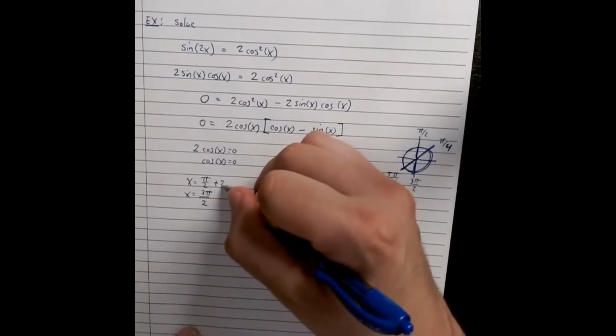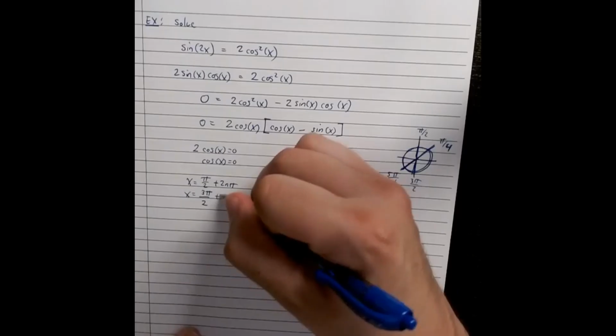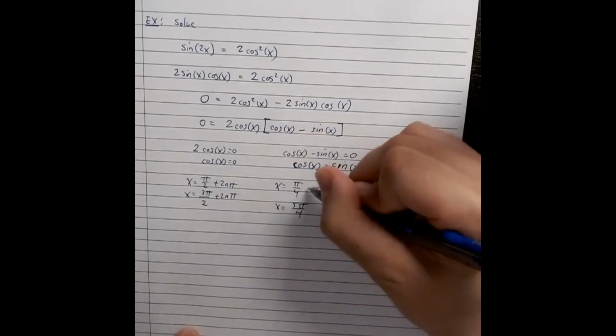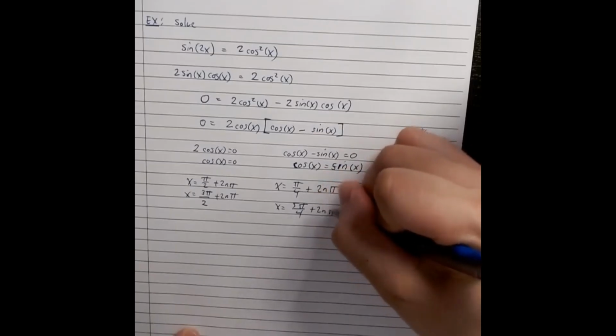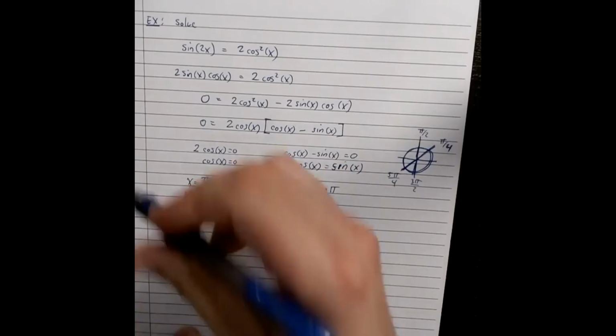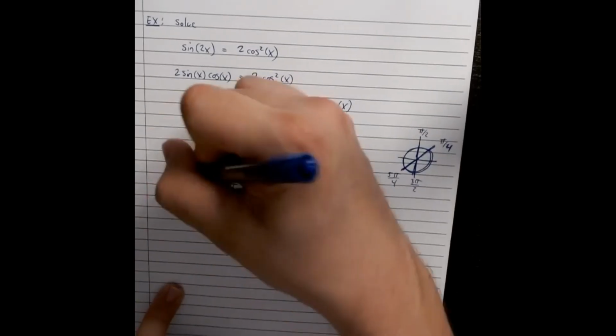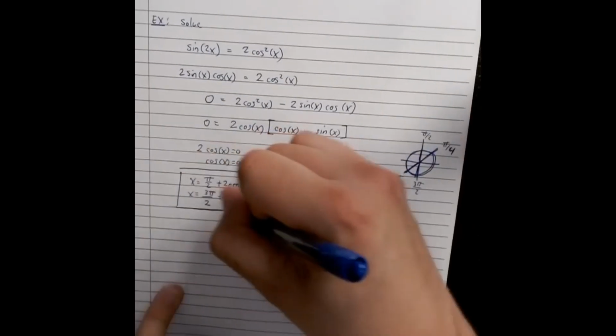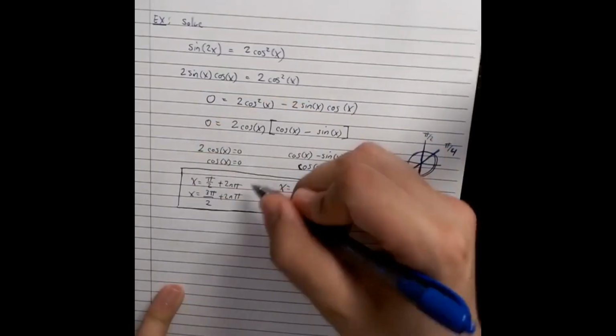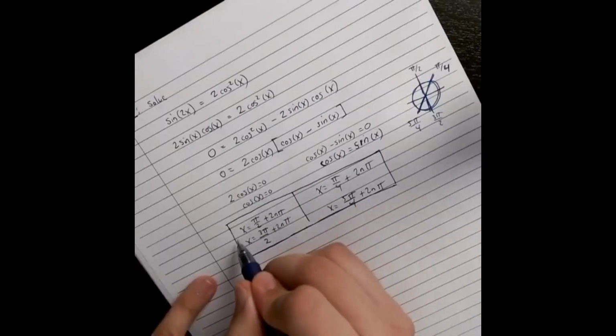So every time I add 2n pi, every time I add a copy of 2 pi, that gives me another solution. So by writing plus 2n pi for here, n is any integer, that'll give us every possible solution to that equation. And here there are an infinite number of solutions, but they all fit into one of these 4 categories.